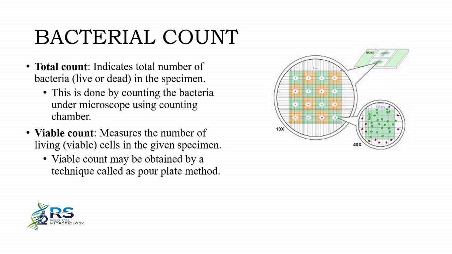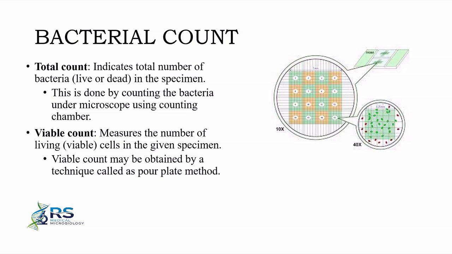Now, to see how the bacteria are growing or how many bacteria you have, we have two main terminologies. You have what is called a total count, where we count both the live and dead bacteria. We use counting chambers under a microscope and you can view the number of bacteria.